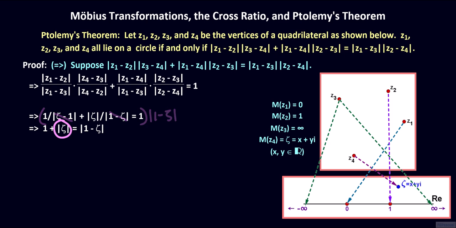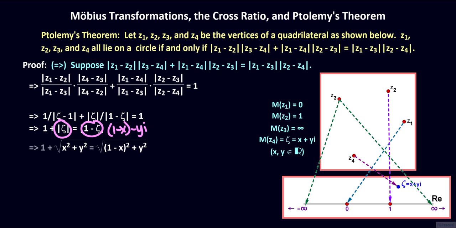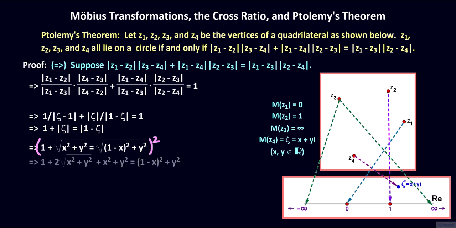The absolute value of zeta is equal to the square root of x squared plus y squared. And the absolute value of 1 minus zeta, or 1 minus x minus y times i, is the square root of the square of 1 minus x plus y squared. We square everything to get this equation. The square of 1 minus x is 1 minus 2x plus x squared.